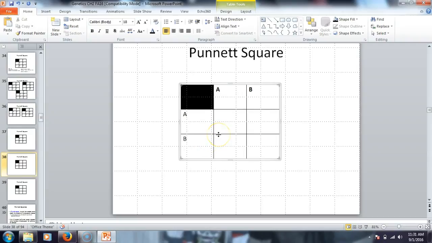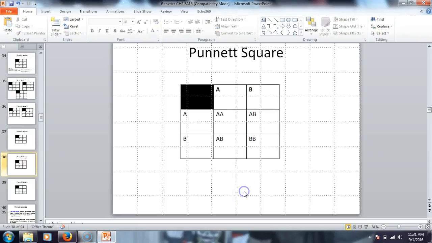All right, so let's do an ABAB. So what do we end up with that? So genotype, right? We end up with three different genotypes.